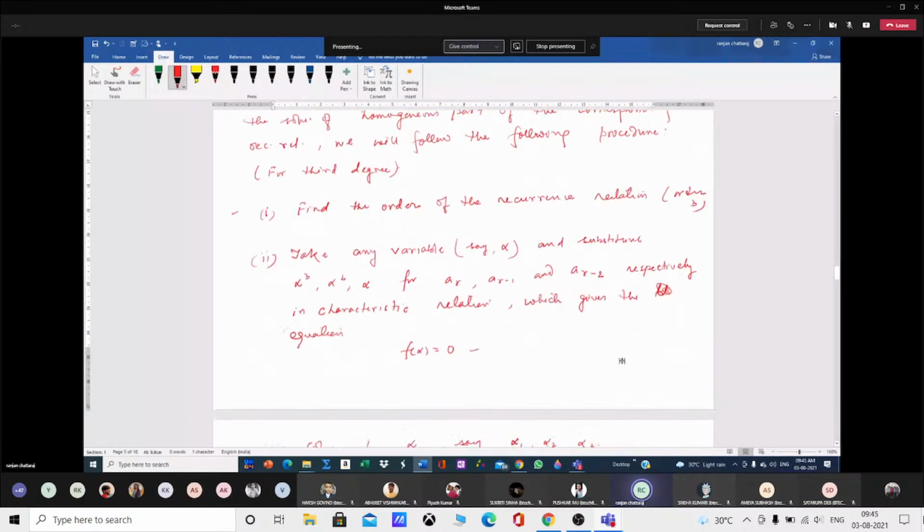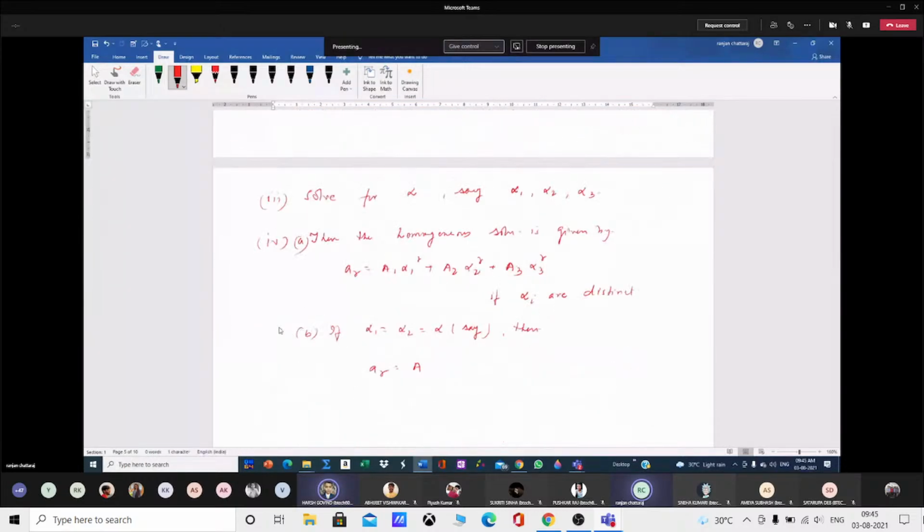Okay. So the solution should be like this: A1 plus A2 r, not alpha, we have r. Okay, yes. r to the power m minus 1. And now you have alpha to the power r, whatever may be. And alpha 1 is equal to alpha 2. This is alpha. That's why I'm writing here alpha.